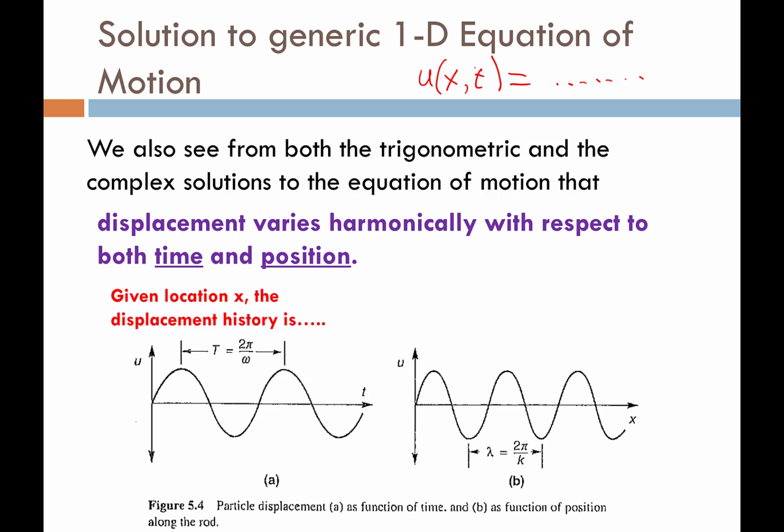Alternatively, let's say that I want to fix a value of time and I want to vary location along my bar. So now this is like a snapshot in time of what my bar looks like.